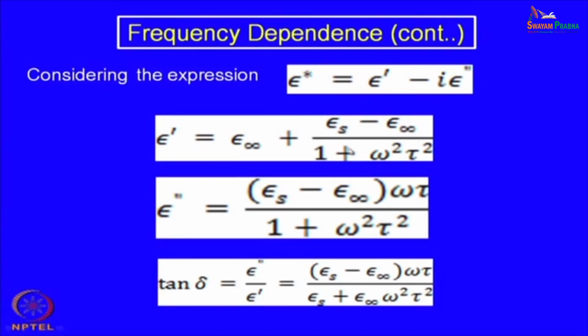These are the two constants, and they are frequency dependent by this process, and tau is the characteristic time constant for this particular process.